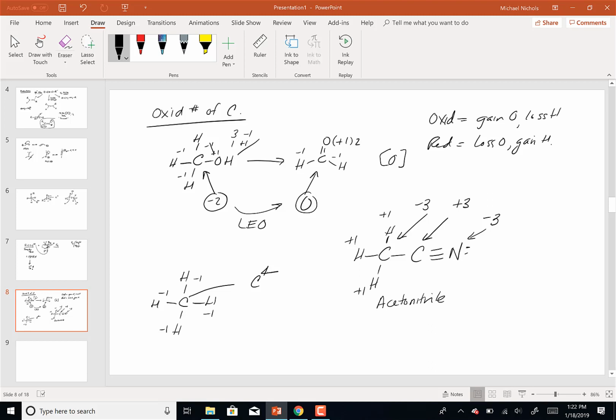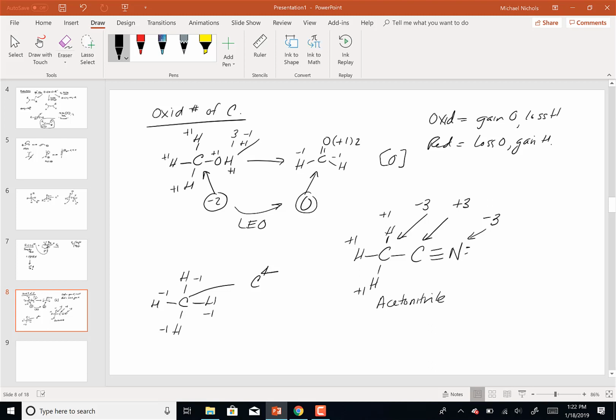Oh, the -1 that I wrote was for tallying up what was going to the carbons. This is a -1. That's a -1. That's a -1. So the carbon ended up -2. This one, each one of those hydrogens ends up +1, including this one.